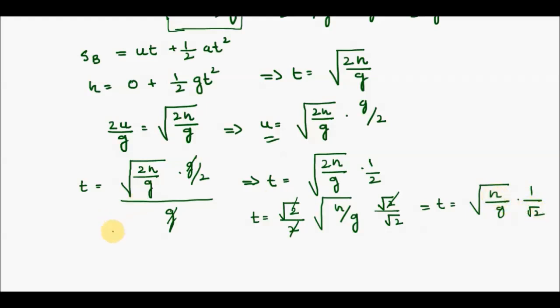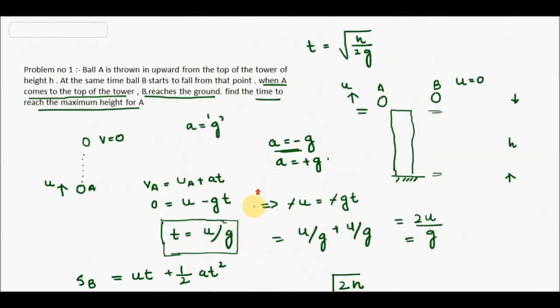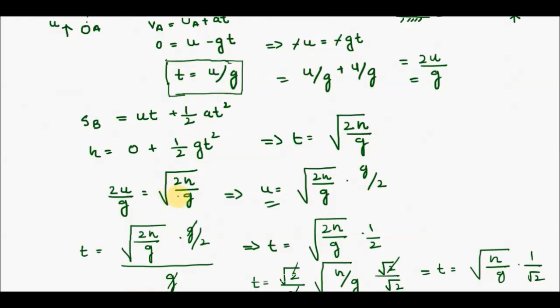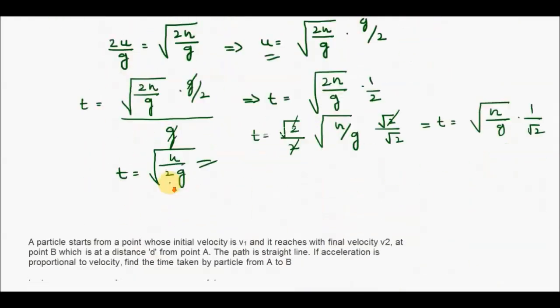Now this again can be rearranged, and my answer will become simply h over 2g, right? So this is my final answer, and actually we needed to calculate this answer, right? So I have nothing but substituted the value of u in my equation to get an appropriate answer.